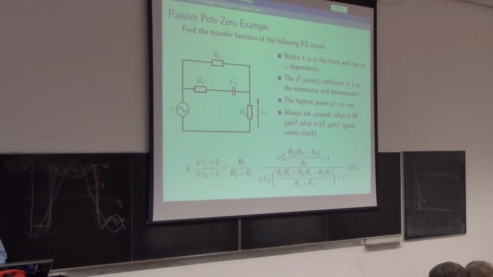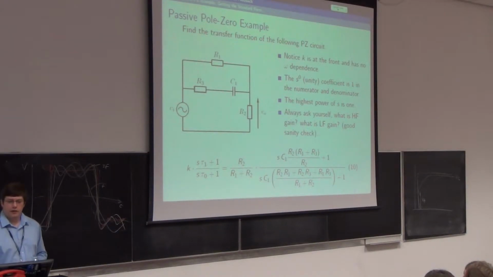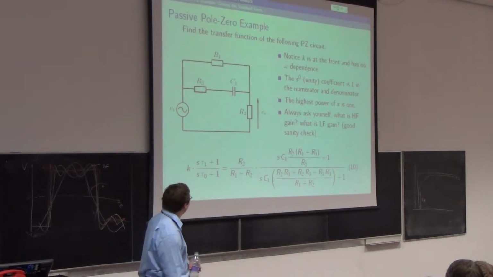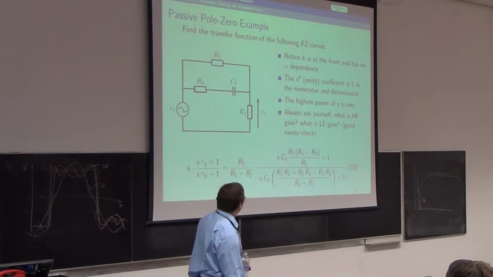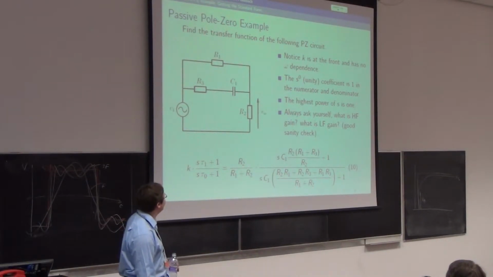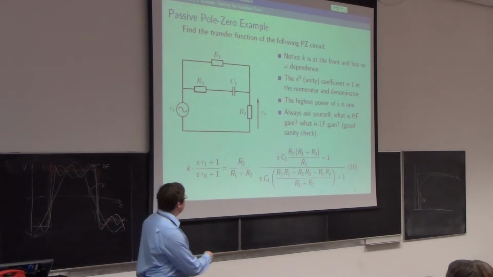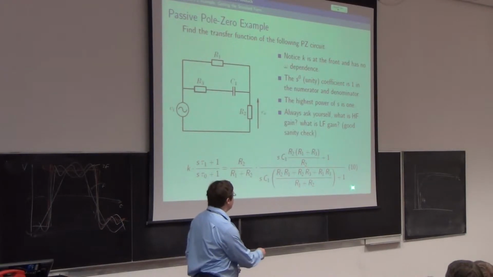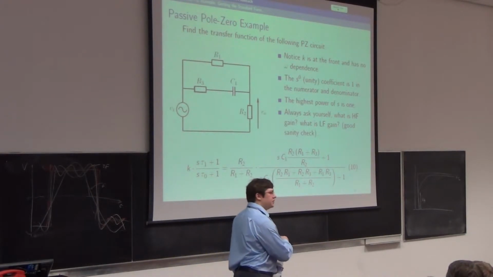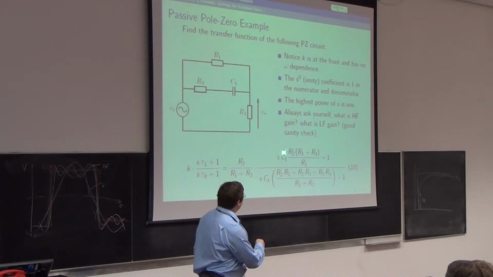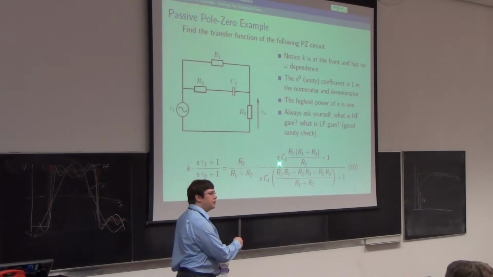The s to the 0 coefficient, anything to the 0 is 1, yeah? My s to the this is a polynomial in s, and this is a polynomial in s. And it just so happens it's a polynomial of order 1. That's to say s to the 1 is the highest term.